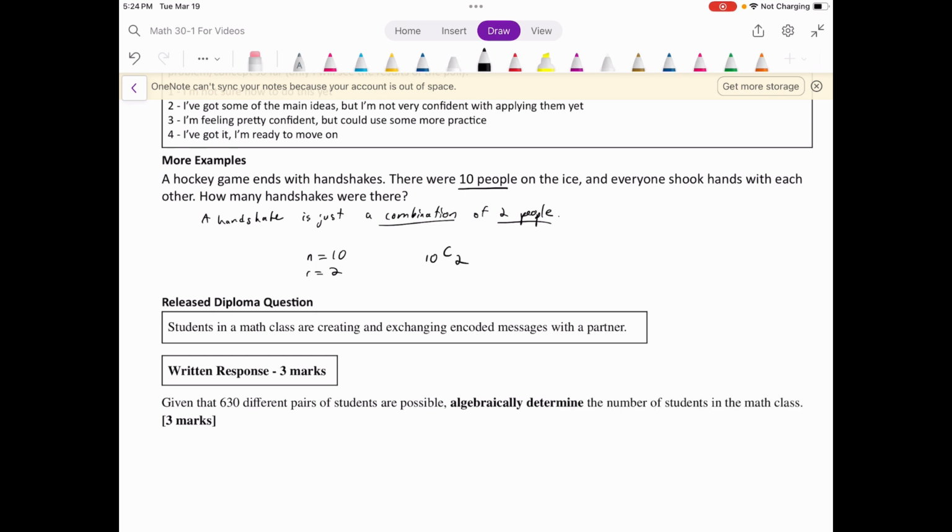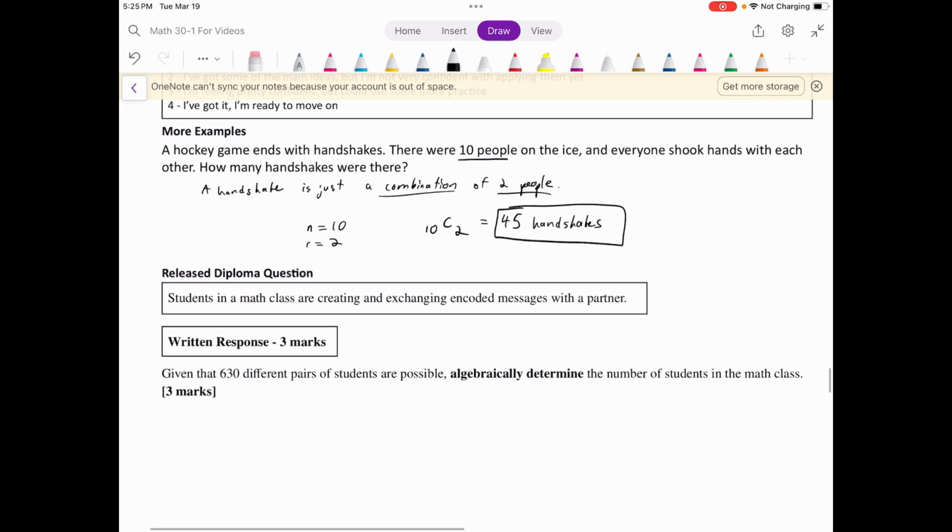That'll tell us how many different ways you can group 2 people chosen from 10 options. So 10 choose 2 is 45. In order to get every possible pairing of 2 people from 10 options, you would end up with 45 different pairings and therefore 45 different handshakes.